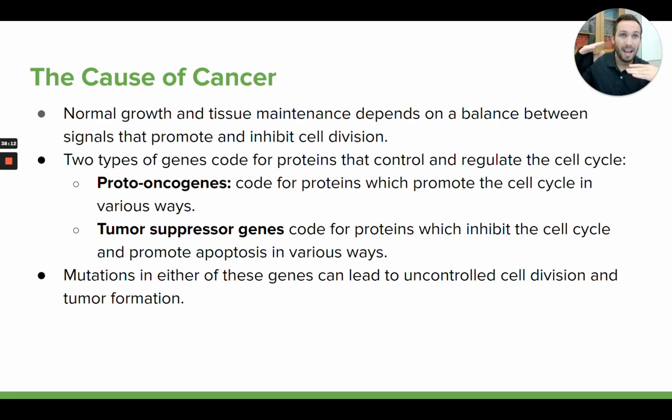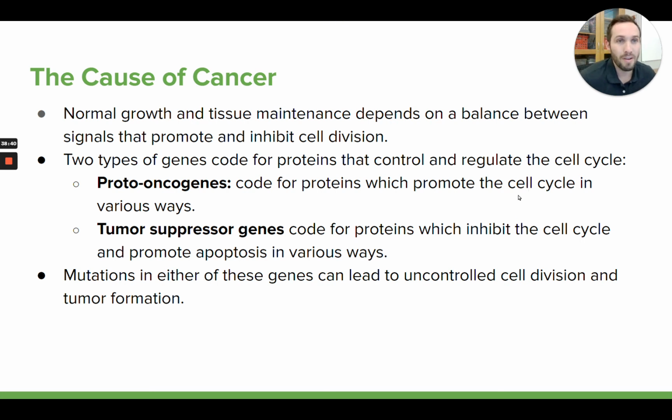And there's a broad category of proteins that have one thing in common. They might be doing a variety of things, but there's a certain category of proteins called proto-oncogenes, which I guess are the genes that code for these proteins. They're doing a lot of different things inside the cell, but one thing they have in common is that they're promoting the cell cycle in certain ways.